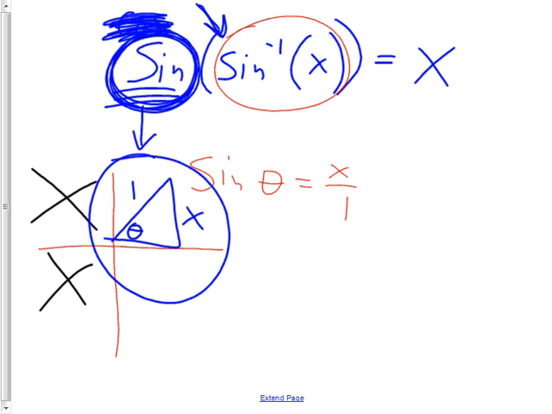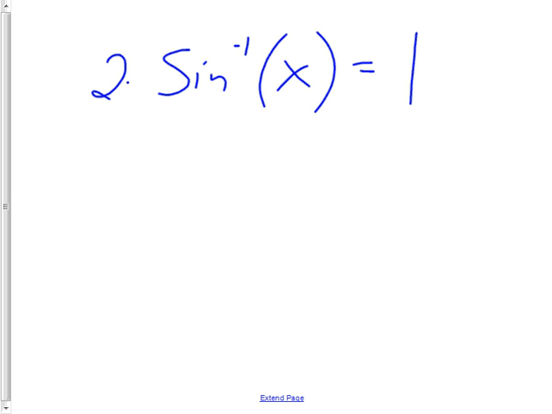Let's do another one like that. Let's say we had 2 times the inverse sine of x is equal to 1.